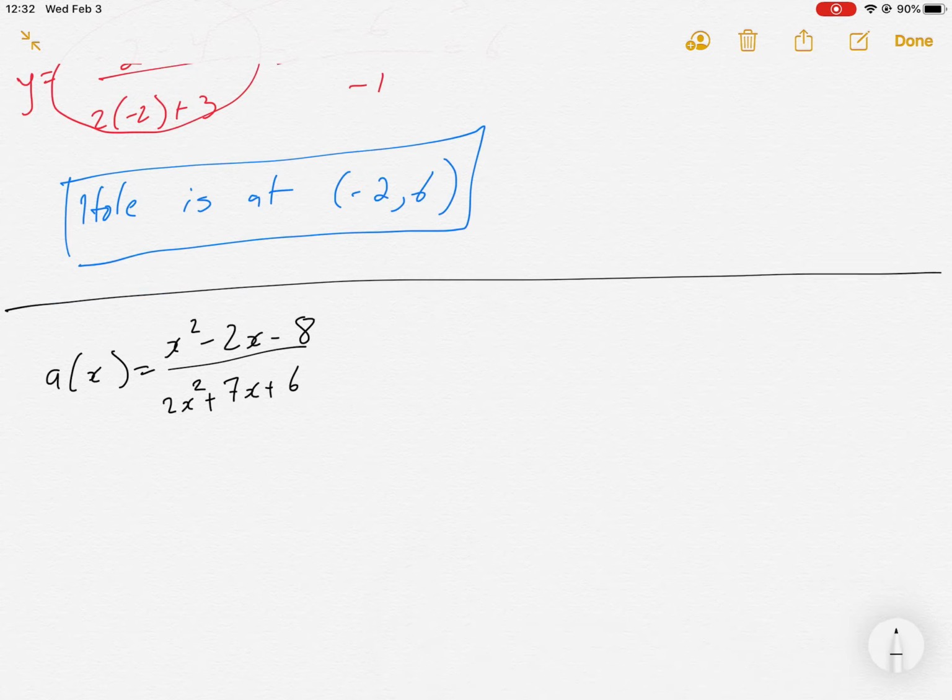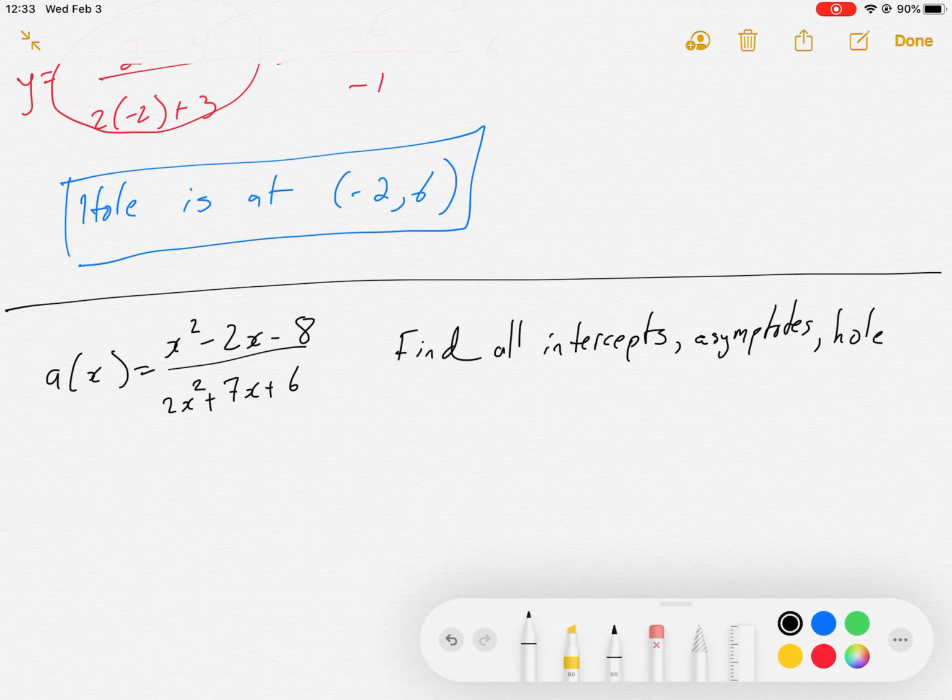So to start this problem off, let's say you were told to find all intercepts and asymptotes, and you were also asked to find the coordinates of the hole, if there was one.